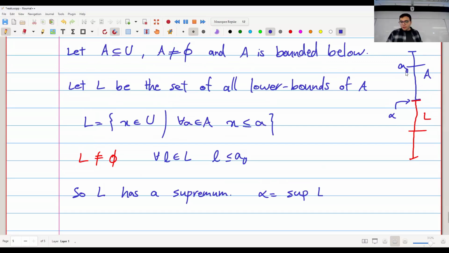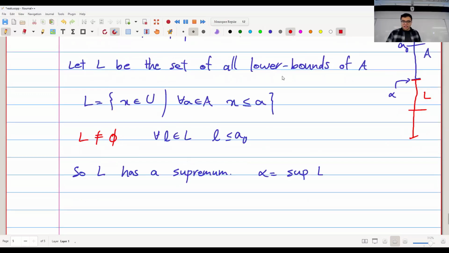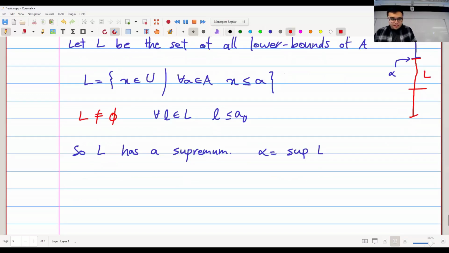So whenever I take an element of A, that element has to be greater than or equal to alpha, simply because that element is an upper bound of L and alpha is the smallest upper bound of L. But if every element of A is bigger than or equal to alpha, that means that alpha is a lower bound of A. But if alpha is a lower bound of A, then alpha is in L. So this is what I want to say: every a in A is an upper bound of L.